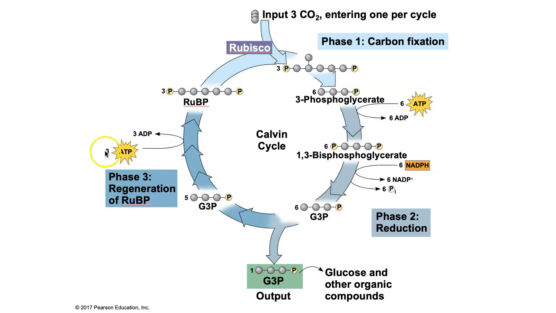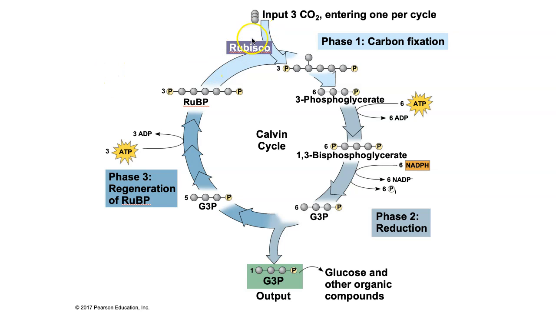Really, that's all you need to know. There's a little bit of energy used here as well. So the energy was used in the carbon fixation phase. The NADPH was used in the reduction phase. And then we have a little bit more energy used in the regeneration of RUBP, our 5-carbon sugar here. And that is the Calvin cycle.